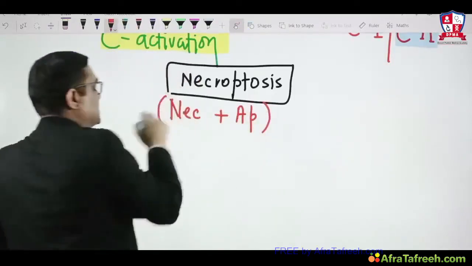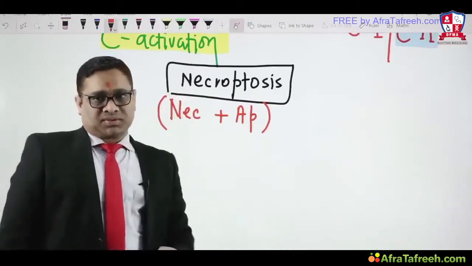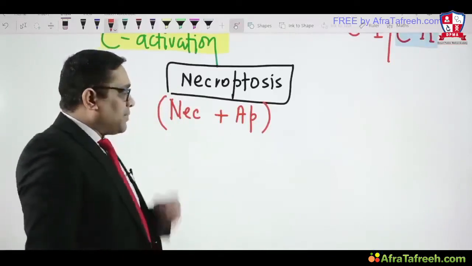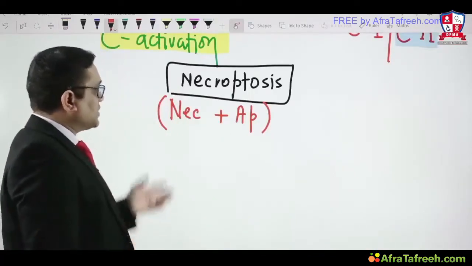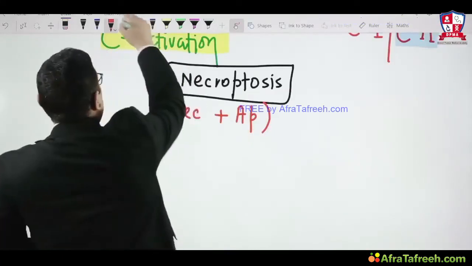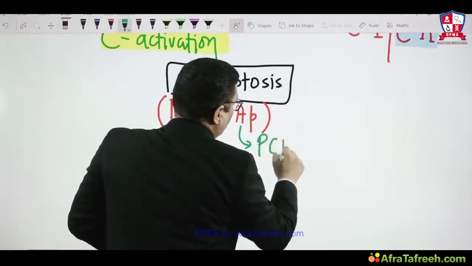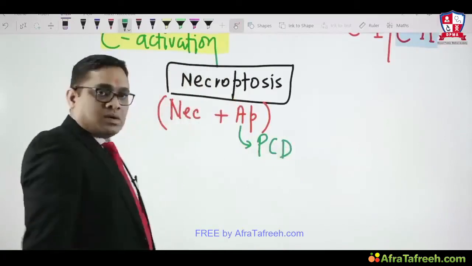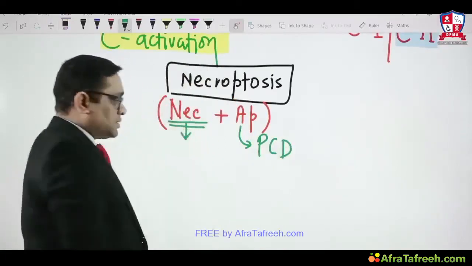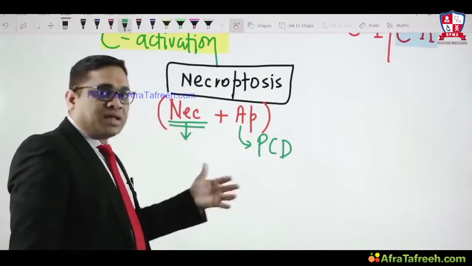So this is a programmed cell death which is a hybrid terminology of necrosis and apoptosis, right? So what happens in necroptosis? Why is it called necrosis plus apoptosis? What is like apoptosis? Like apoptosis, as I have told you, it is programmed cell death, right? Now we will see what is like necrosis, and why it is considered necrosis.